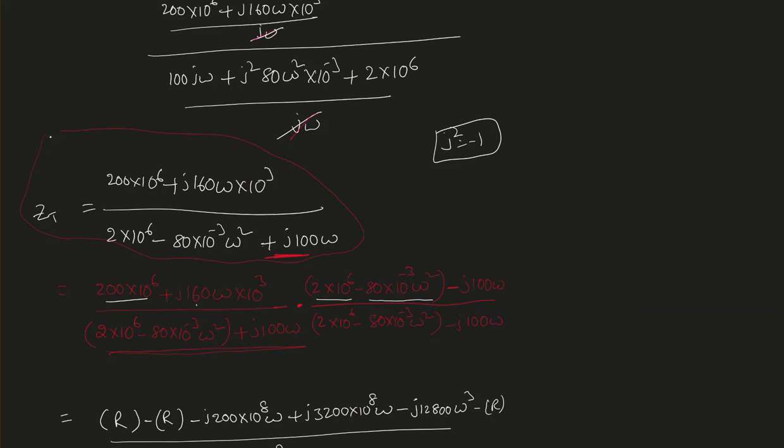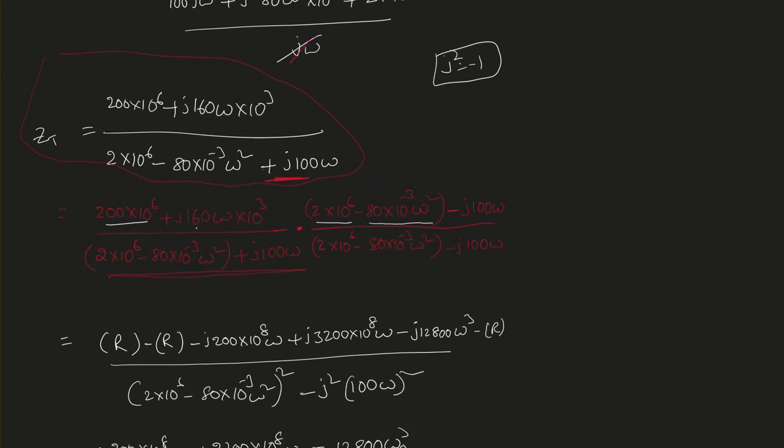Now, to separate the imaginary quantity, make sure there is no j term in the denominator. But I have j 100 omega, so I need to eliminate the j term in the denominator. To do that, I need to take the complex conjugate of the denominator and multiply and divide by it.